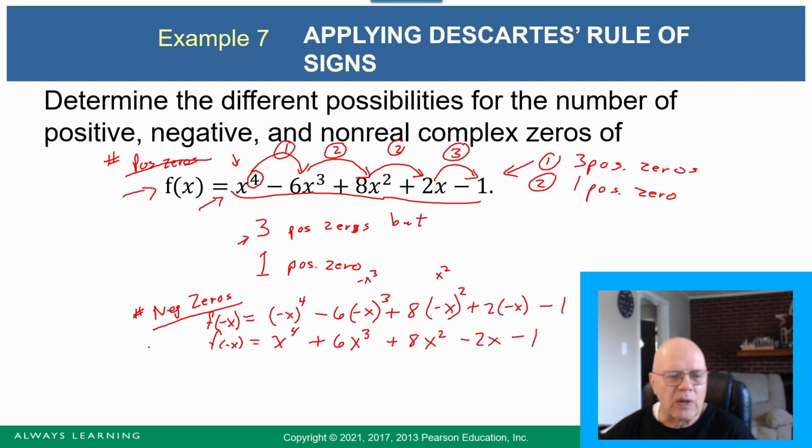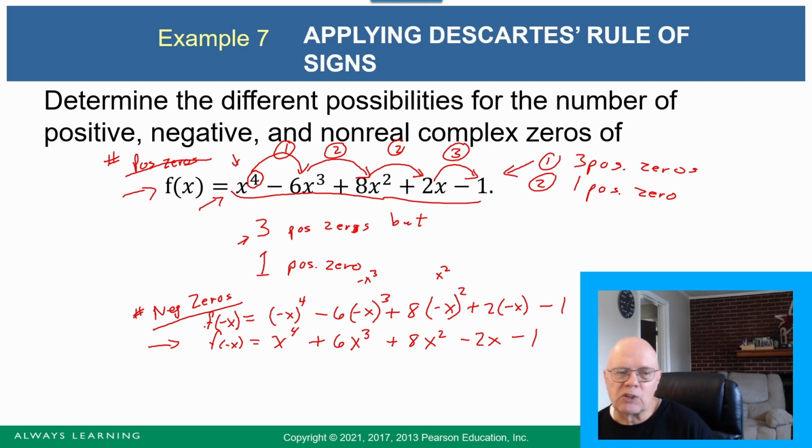So we've got what we need. This is going to help us find out how many negative zeros it might be. We're going to do the same as we did before. Change of signs. So let's take a look. In going from x to the fourth to 6x to the third, sign doesn't change, 0. From 6 to 8, sign doesn't change, still 0.